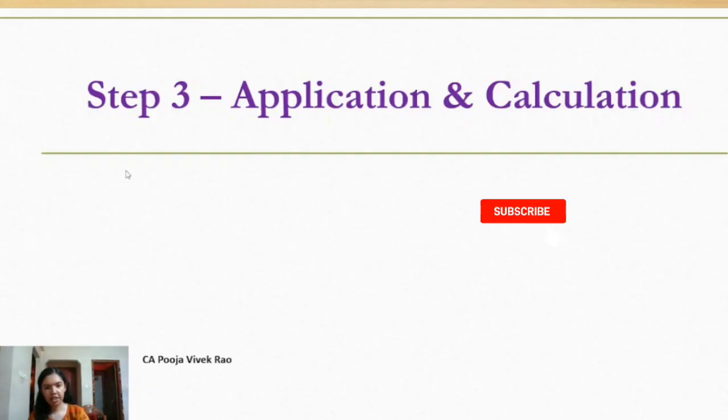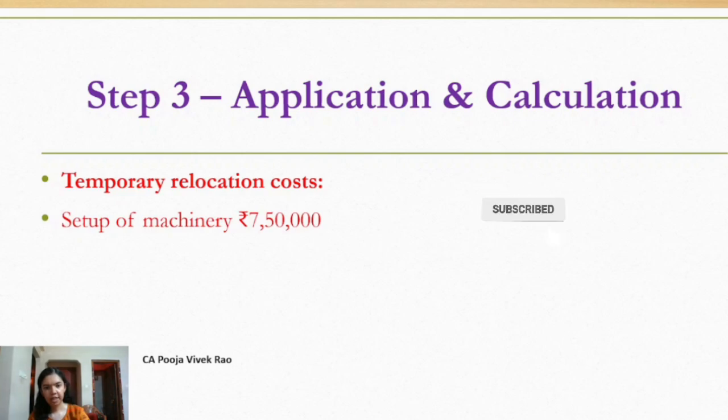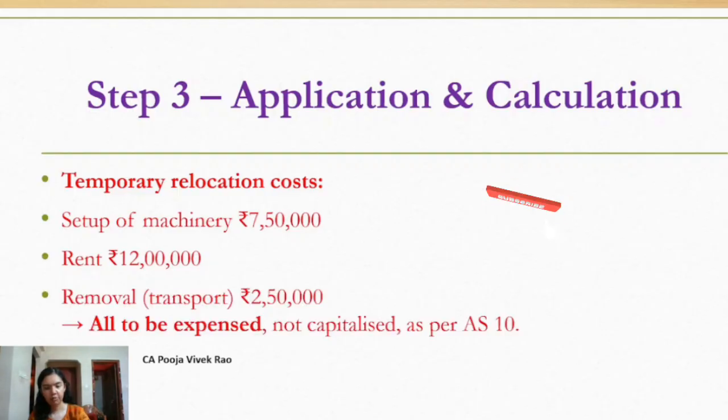So let's see what are the temporary relocation costs first. First we have the setup of machinery, that is 7,50,000. Then we have rent 12 lakhs. Then we have removal, that is transportation 2,50,000.